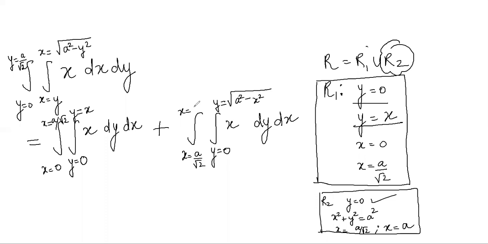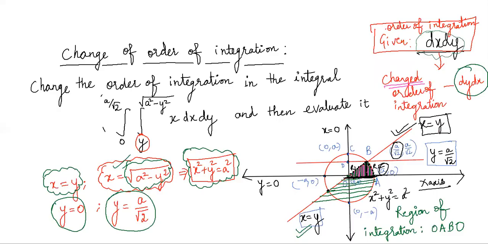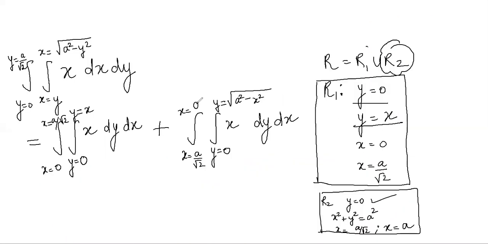And the last strip is at a, where x is a. So we will be solving both of these integrals, and after solving these integrals and taking their sum, we will be able to evaluate this double integral.